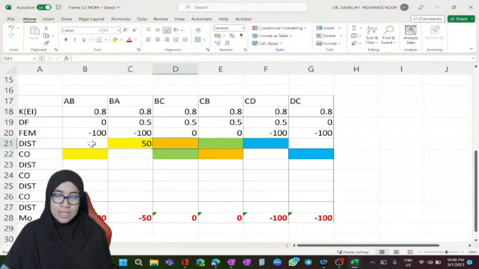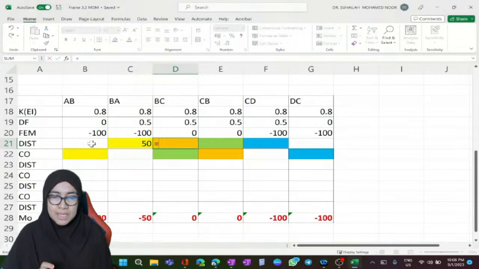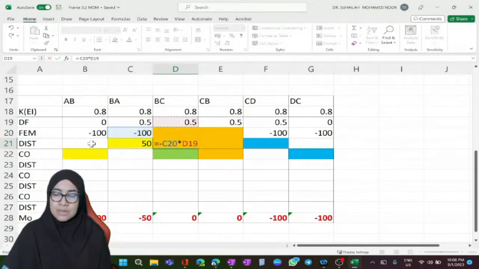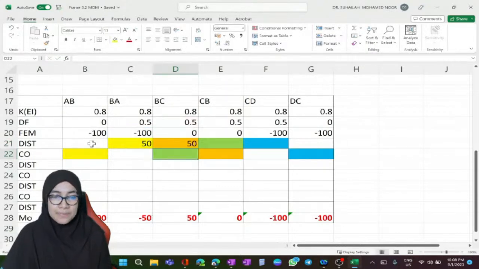Positive 50. Okay, again for BC, joint moment at B is 100. Okay, we times with the factor. The factor is 0.5, distribution factor. Okay, so we get 50 and 50. So total, we get back 0.